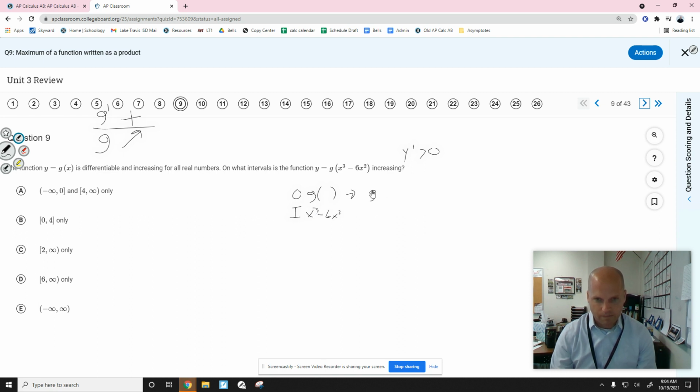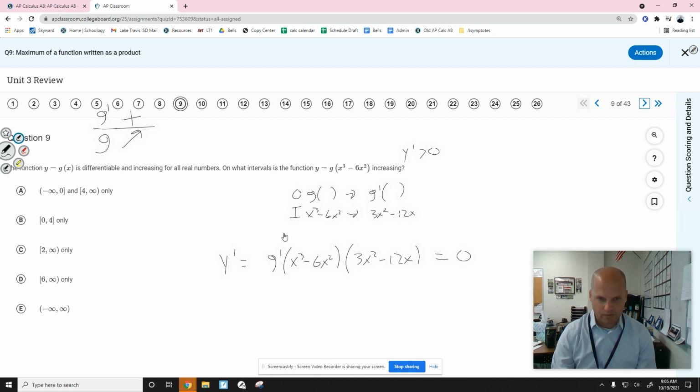And the derivative of it, and this is good chain rule practice, y prime is g prime of whatever was on the inside times 3x squared minus 12x. And the question is, when is this positive? Well, to find when it's positive, you find when it's zero, you do a sign analysis, okay? Now, here's the ticket here. G is increasing.